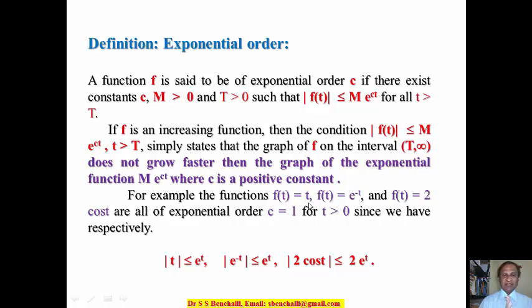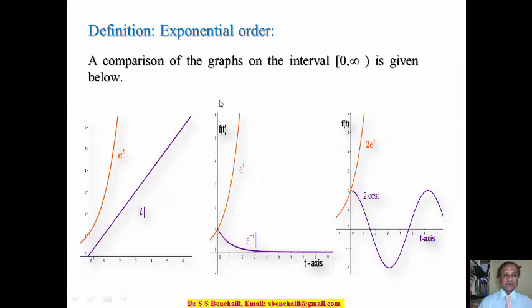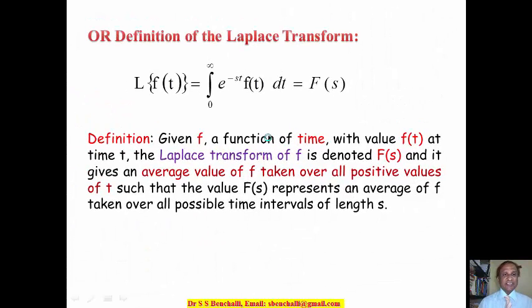It means all three functions satisfy the condition. That's why I can say that these are examples of exponential order. You can compare these graphs. So this graph will not allow them to grow independently. That's why I can say that these are examples of exponential order.